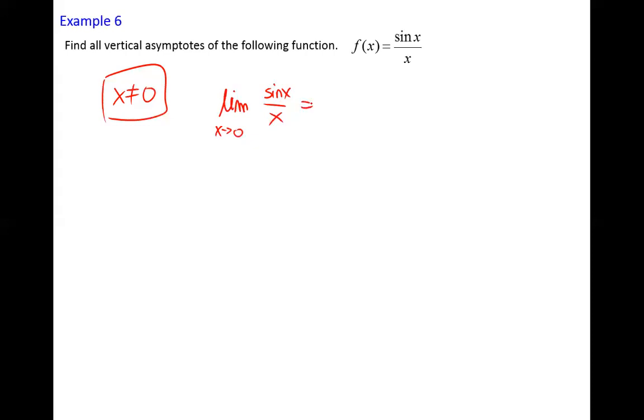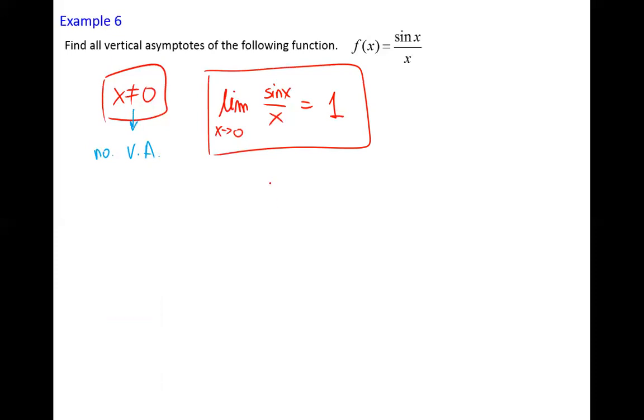And we recognize this limit, sine of x over x at 0, is 1. That means this limit is not infinity. The values are approaching 1, not unbounded, not infinity. That means we do not have a vertical asymptote at 0.